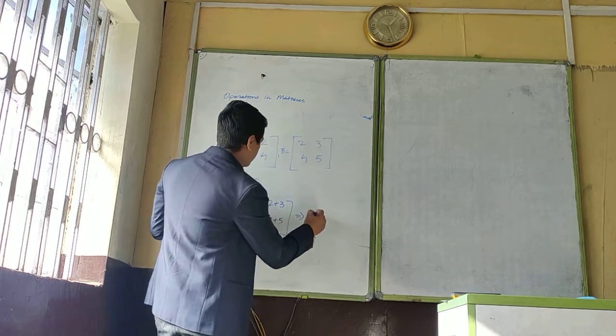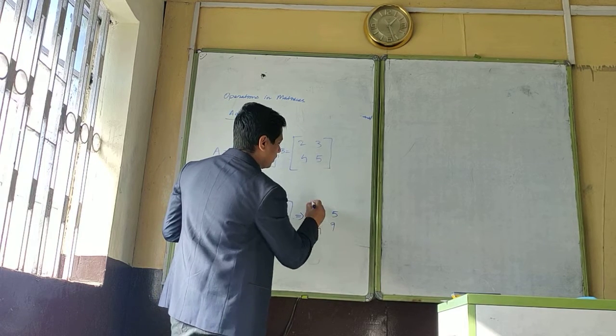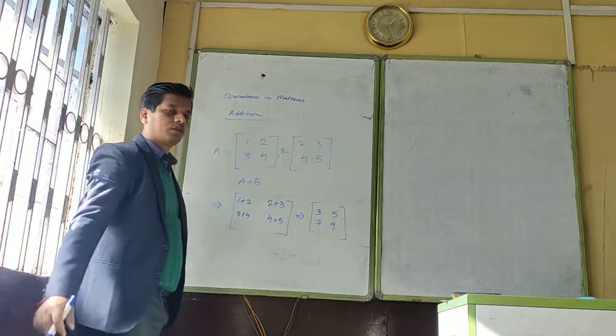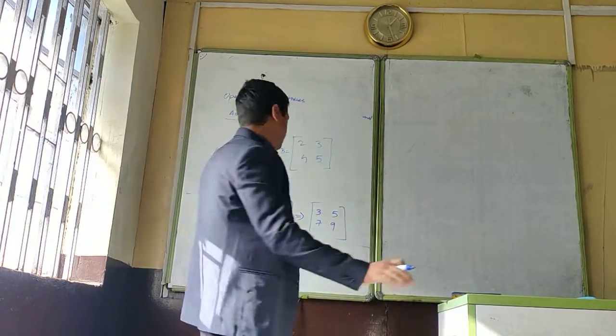So finally we have 3, 5, 7 and 9. This is how we do the operation of addition on a matrix.